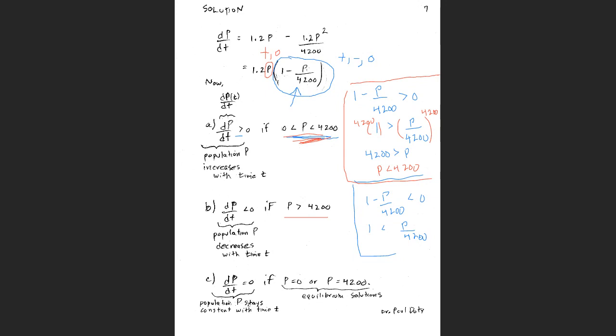If you multiply by 4,200 here, this isn't raised to a power, this is multiply, you get 4,200 is less than p, or p is greater than 4,200. Are there any questions on A or B?